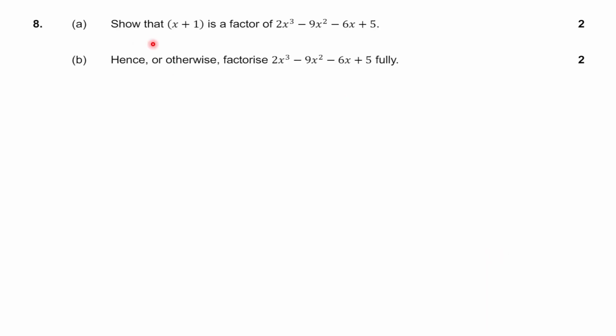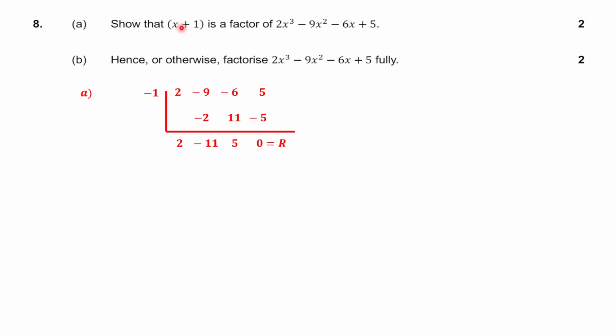We've got to show that this x plus 1 is a factor of this expression. And then for part 2, we've got to factorise it fully. So let's just do that with a synthetic division. So there's a synthetic division table. The top line comes from the coefficients of the expression, 2, -9, -6, 5.